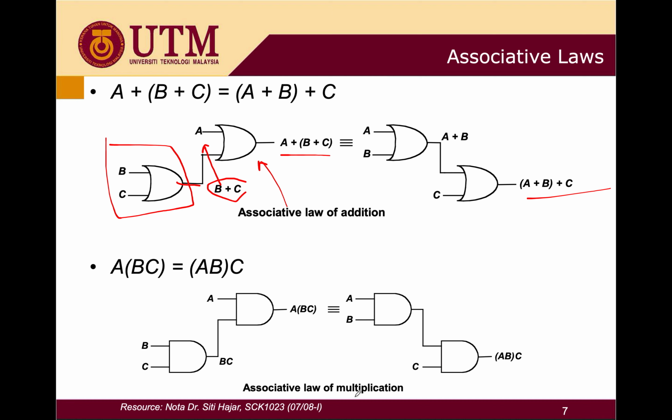Similar also in your multiplication. This is just basic. You can take a look. This is the input for A, and then this is B and C. So the output from this AND gate will be B, C. So the output will be like this, and similar also with this circuit.